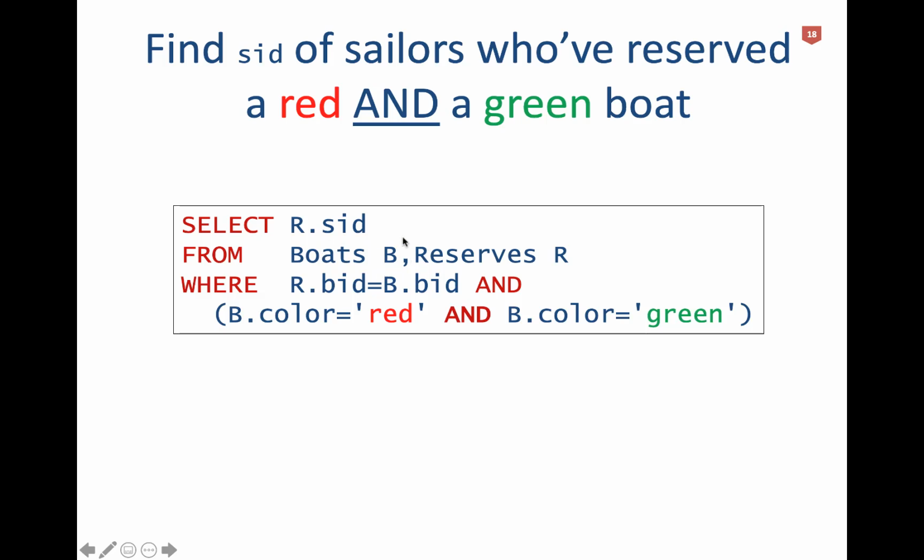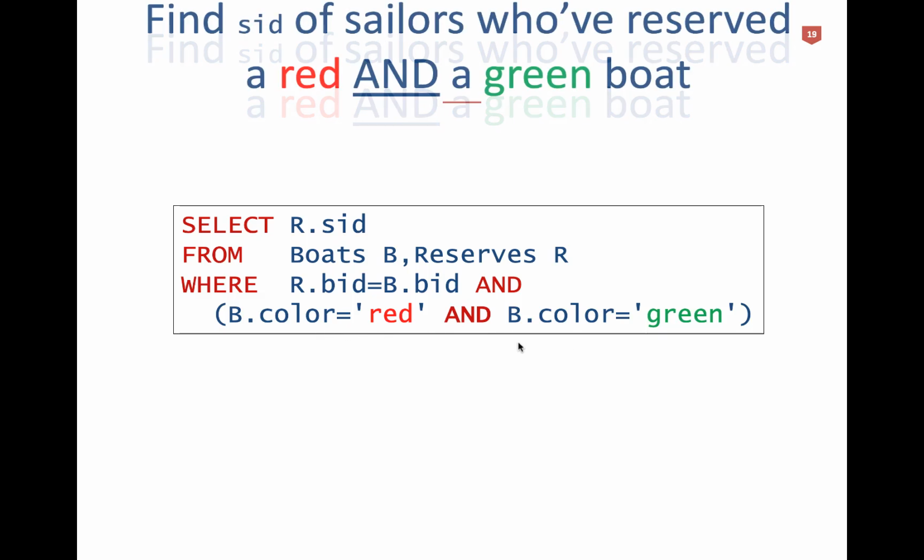So after combining the two tables and getting the rows on the same boat ID to check the boat specifications for each boat that was reserved by each sailor, I'm saying here that b.color equal red and b.color equal green. Is this possible? So you would figure out that this is not possible. There has to be another way of doing it, because the color cannot be red and green at the same time.